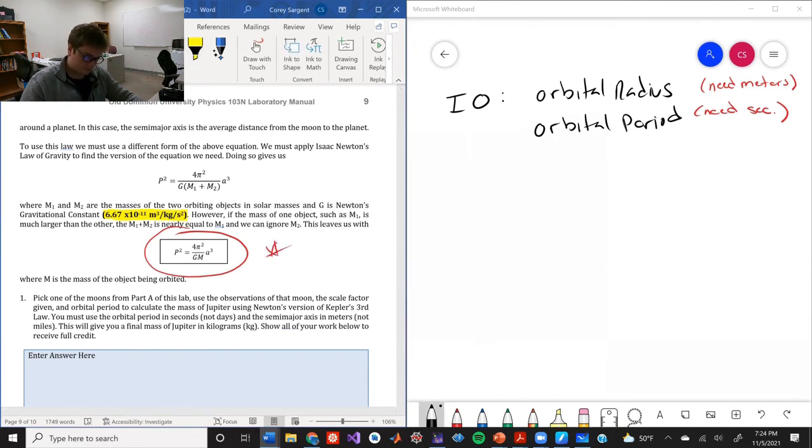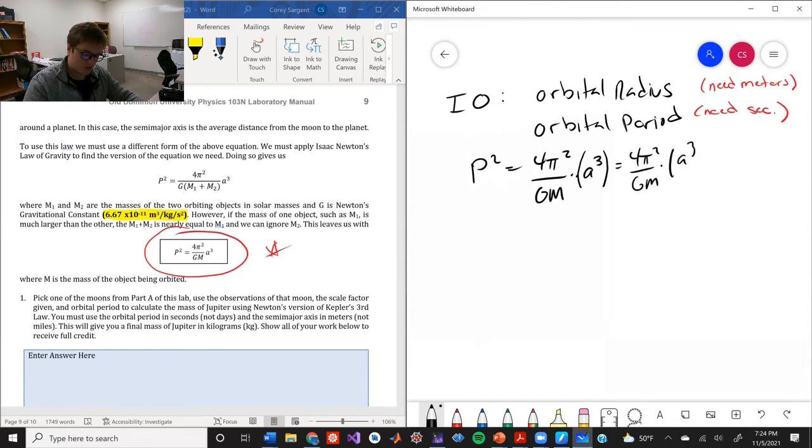All right, so we have P squared equals 4 pi squared over GM times a cubed. Now note that even though we have this a cubed multiplied by this fraction, that's the same thing as multiplying 4 pi squared over GM times a cubed over 1, which is just 4 pi squared a cubed over GM.